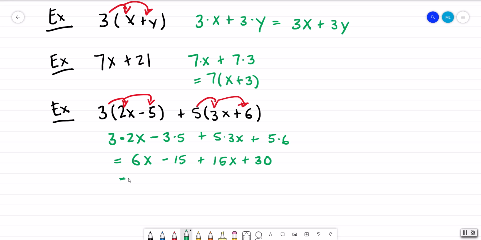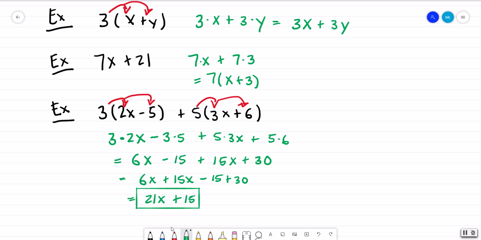Well, let's group the like terms together. So we have 6x plus 15x, and then negative 15 plus 30. So this will simplify to 21x plus 15, and that would be it.